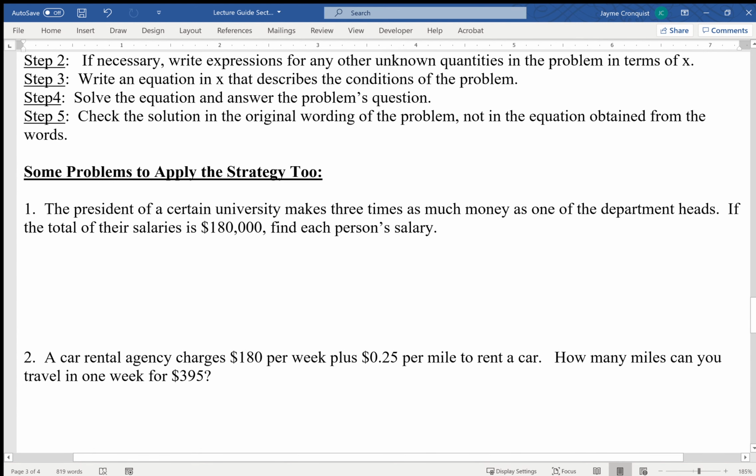Okay, now, a couple of other things that they don't go over in this first part. The question always gives you what your variable is going to be. Find each person's salary. So each person's salary is represented by x. The president of a certain university makes 3 times as much money, so that's my x, money, as one of the department heads.